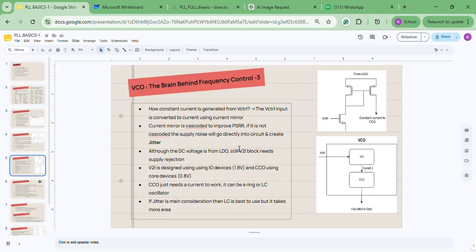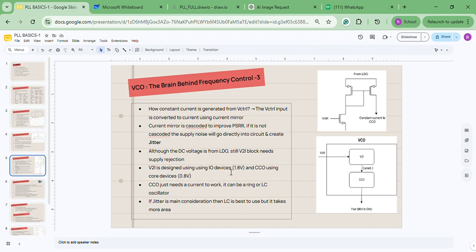One of the most important things is that this should be a cascode network, because there is some supply noise from the LDO, and to cut that and have a very good PSRR, we should make it cascoded. And if noise comes from the DC source, it will also create jitter, which is again a problem, as I told. Jitter or phase noise is one of the most important parameters to be taken care of during the design of VCOs, which we will discuss later.